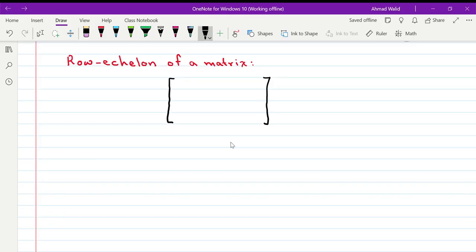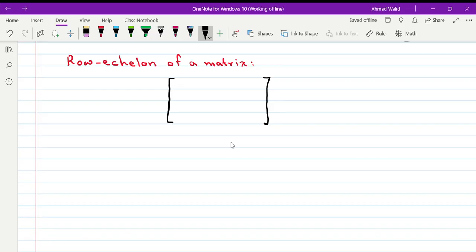A matrix with the ones down the main diagonal and zeros below, we call it a row echelon matrix.